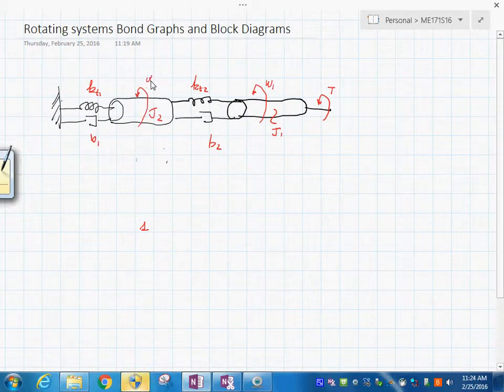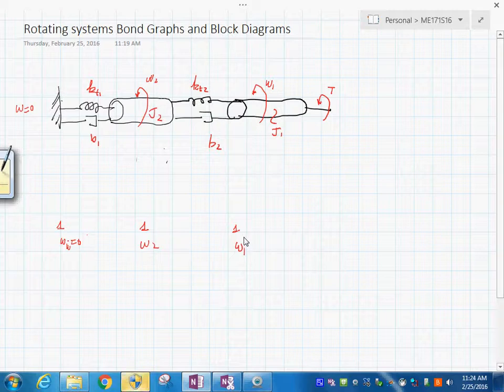This right here, omega equal to 0, is the wall. I'm going to write that down also as a reference point: omega of the wall equals 0. This would be omega 2, and this right here is omega 1. Okay, so that's the first step.